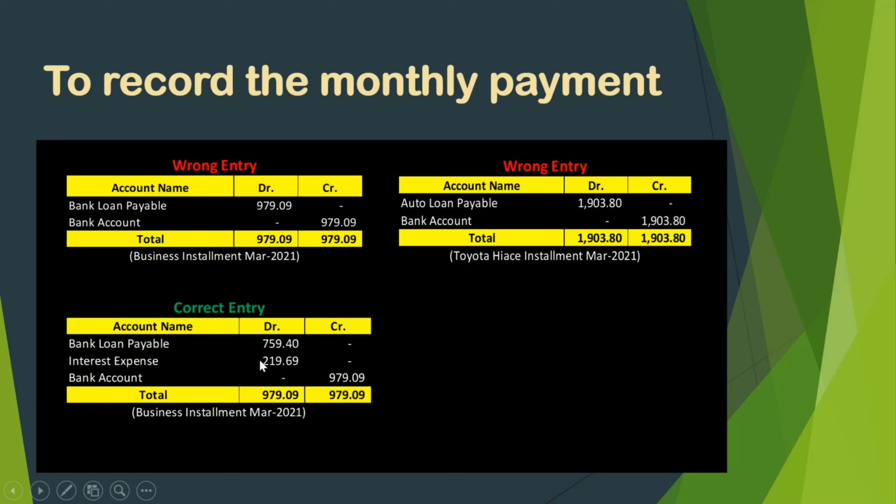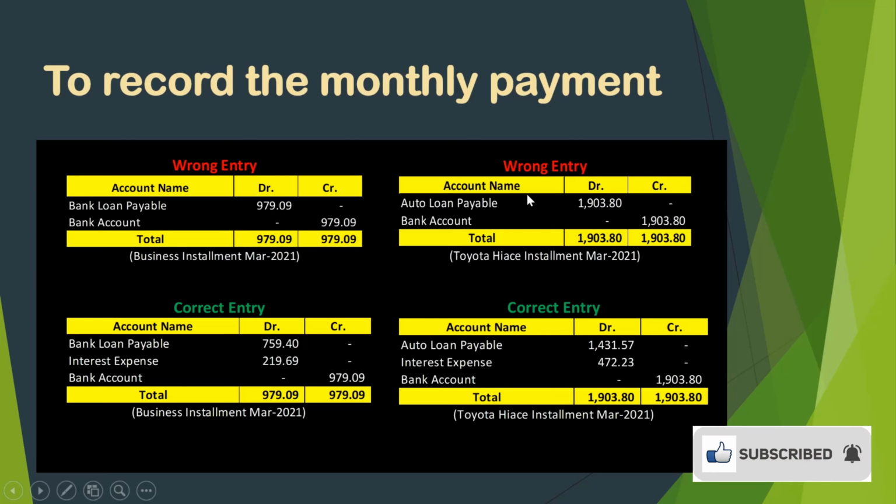So this interest you need to record as an expense, and this 759 you need to debit to your loan account. So your loan will decrease by this amount, not by 979, and to the bank account you will give credit with the total amount of the installment.